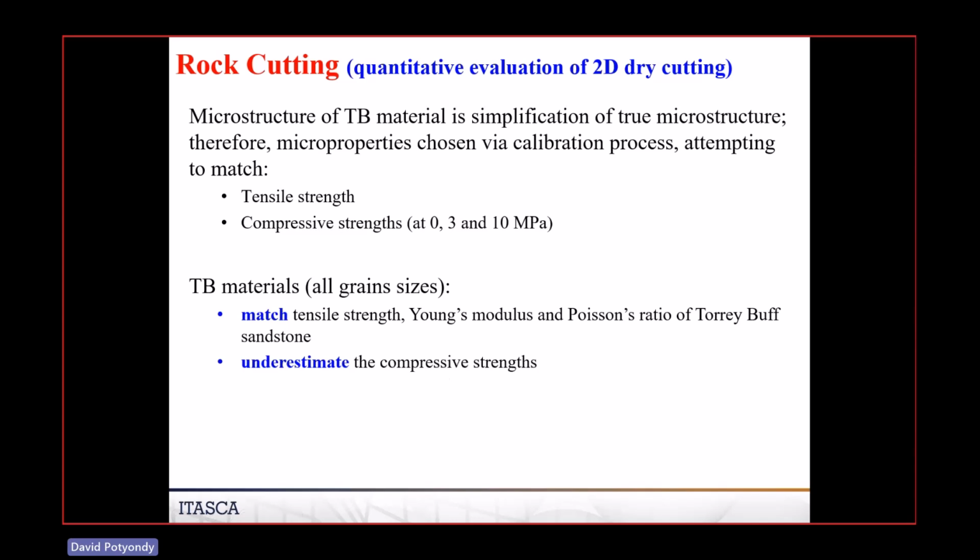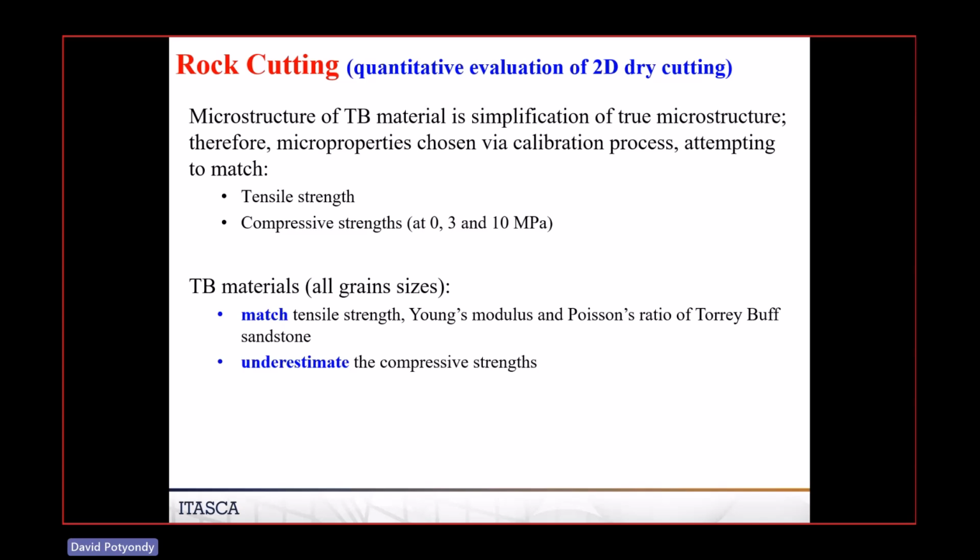Now, just as an aside right here, this was using the parallel bonded material. It is a known limitation of the parallel bonded material that the ratio of compressive to tensile strength is going to be too low for that material. There's dozens of papers back in the late 2000s of people trying to figure out why and trying to figure out how we can change the properties we give to the parallel bonded system in order to try to increase compressive strength relative to tensile strength.